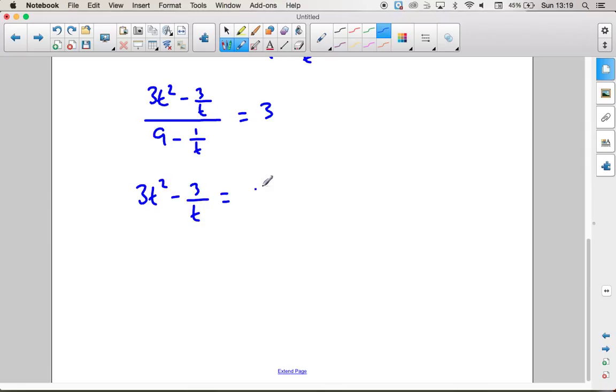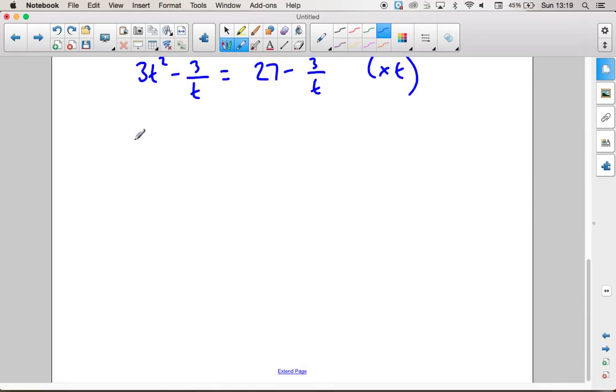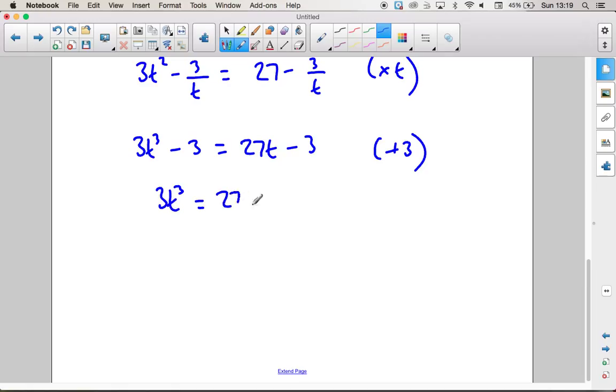So that's going to be 27 minus 3 over t. I can times everything by t to get rid of those fractions as well. So that's 3t cubed, take away 3 equals 27t, take away 3. Add 3 to both sides, gives me 3t cubed equals 27t.